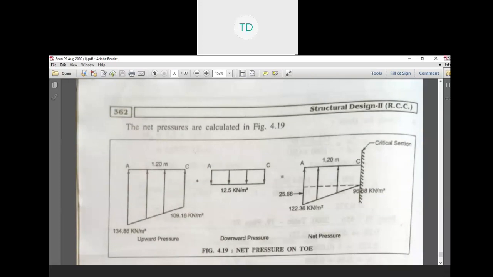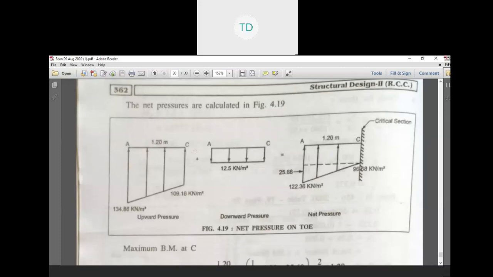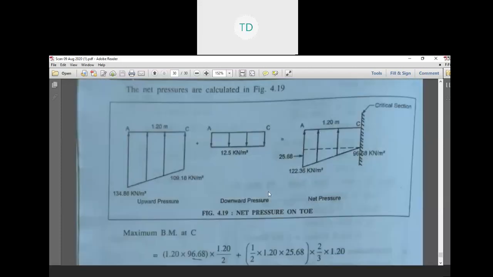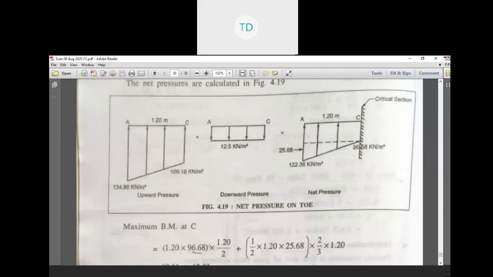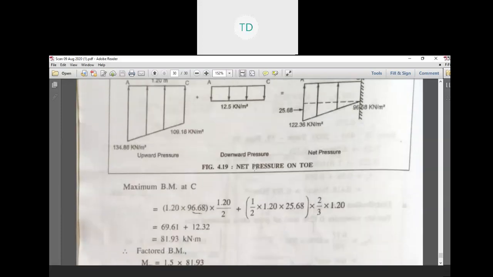Same as the above condition, net pressures are calculated as per the figure. The values are to be found in further equations, and similar calculations are to be done.